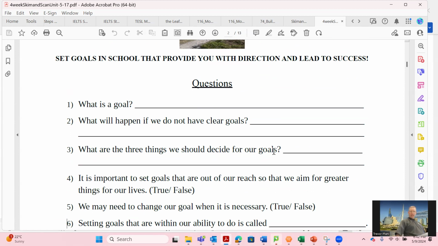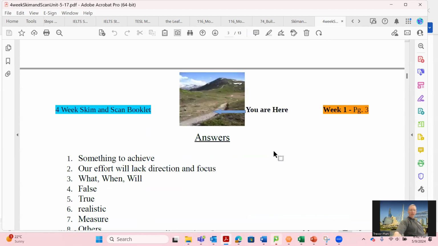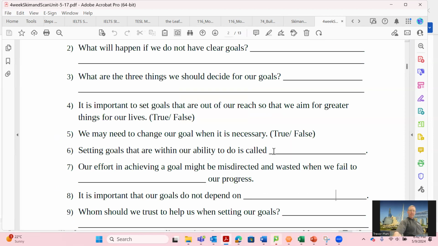Just a minute. Setting goals within our ability to do, your goal should be... I'm wondering what I wanted for an answer. Let me check the answers. Oh, realistic.